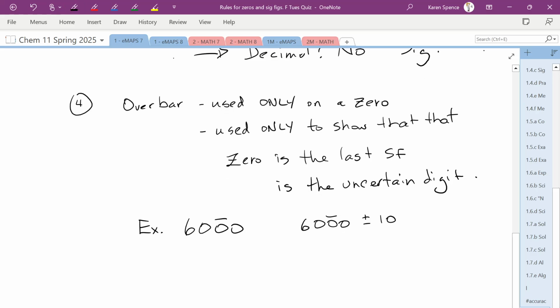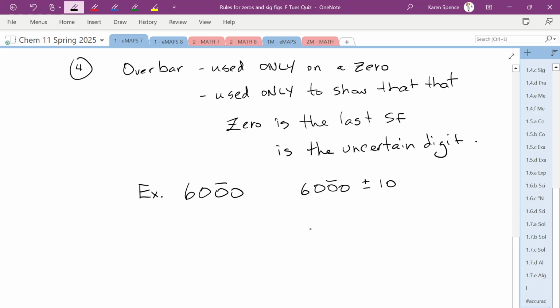So it could be up to 6,010 or down to 5,990.